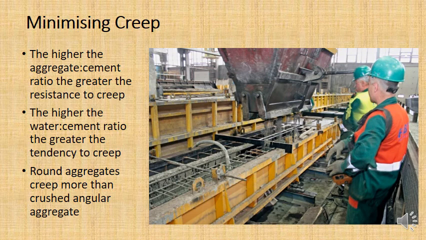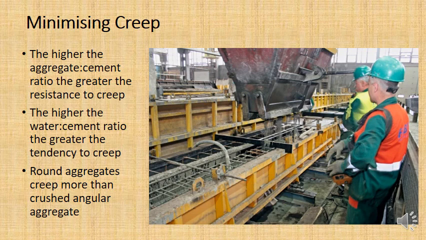And another thing which is interesting, and I'm not really too sure why this is, and I'm not even too sure if we actually know. There's probably more research that needs to be done here. But rounded aggregates, as well as flaky aggregates, creep more than crushed angular aggregates.